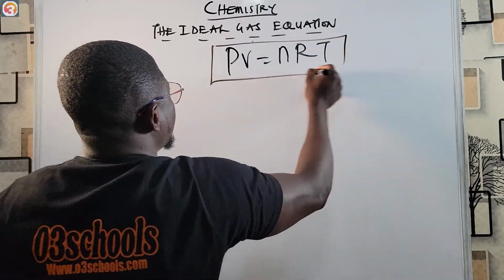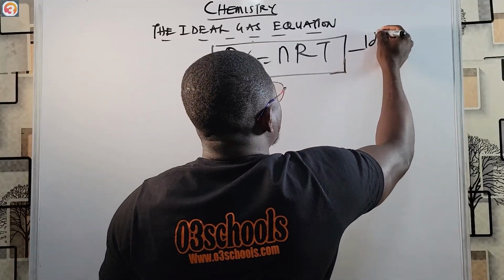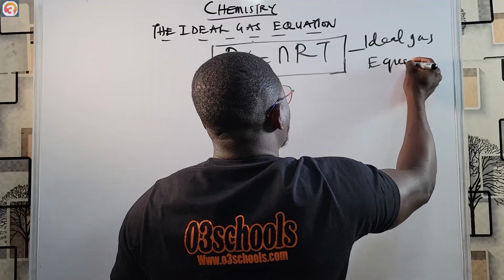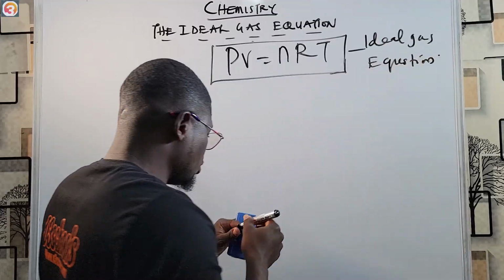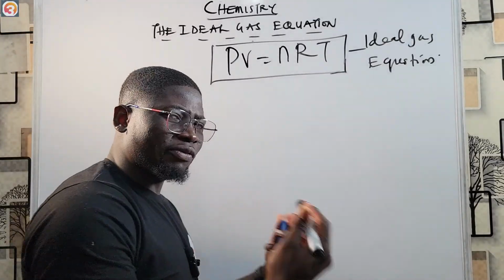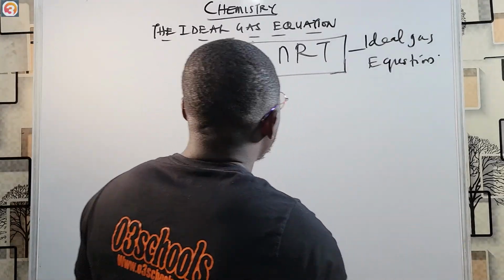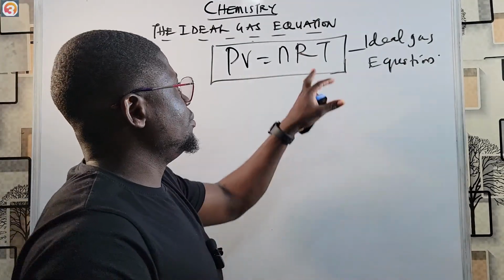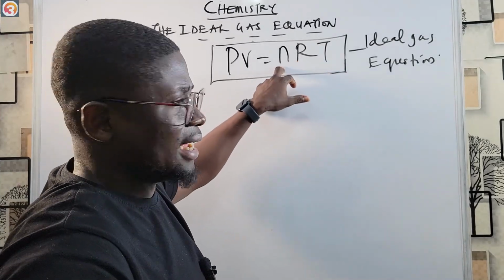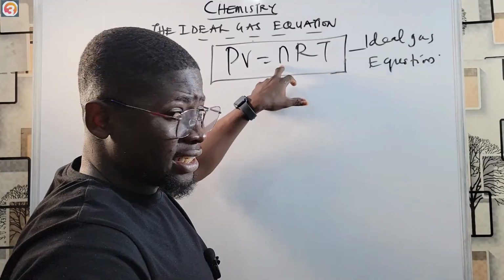So this is the ideal gas equation. There are some variables here that you may not be so conversant with if you are following our episodes. One will be R, and the other one will be N. You know, N is amount of gas.